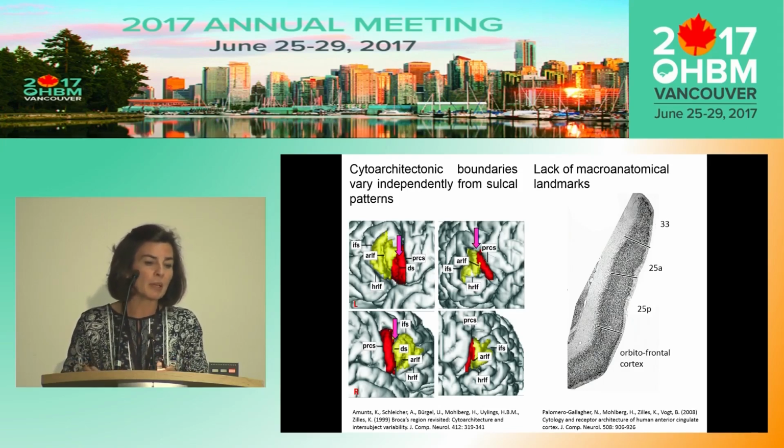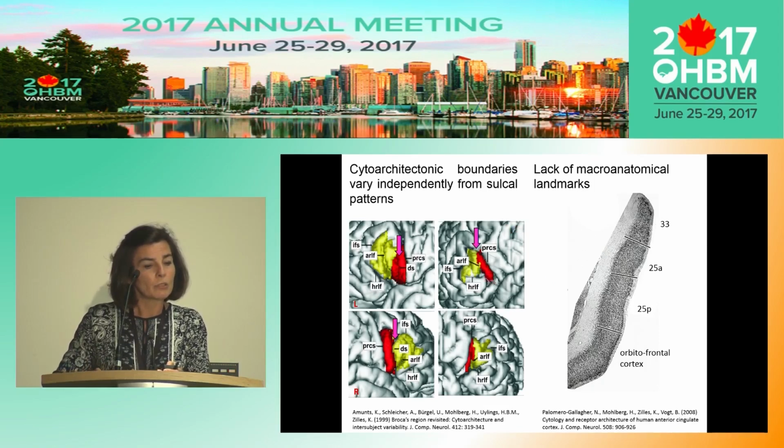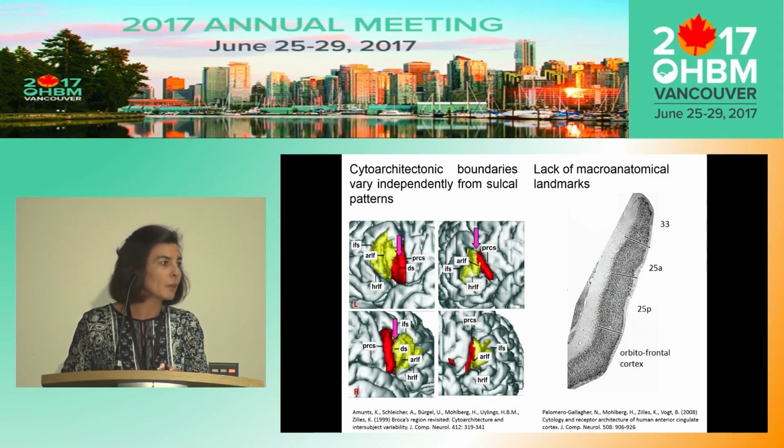Again, two examples. The left side would be the Broca region, areas 44 and 45. Here you see reconstructions of 4 different hemispheres. The top row are left hemispheres from 2 different individuals, and the bottom row of images are the right hemisphere from 2 different individuals.